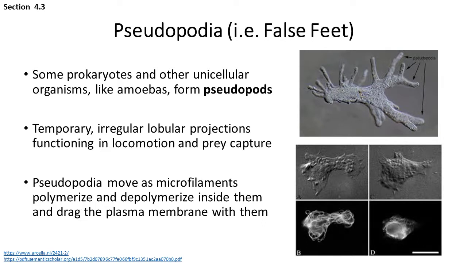So pseudopodia move as microfilaments within the cell, which are made of actin subunits, tubulin subunits.